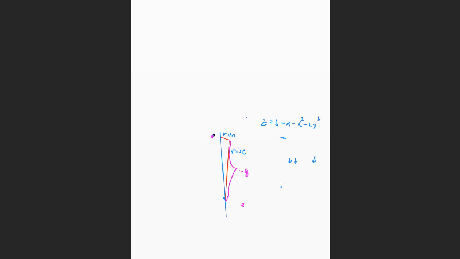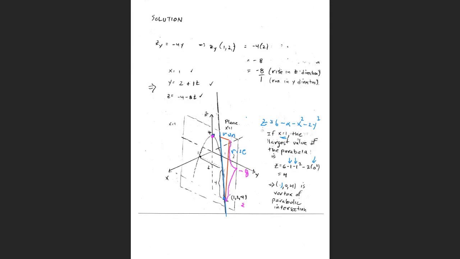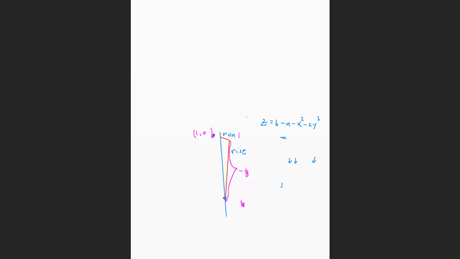And then since this point here is (1, 0, 4), I want to be a little bit careful. Well, maybe the run is something like +1. At any rate, the slope looks to be some negative number, maybe -8/1.